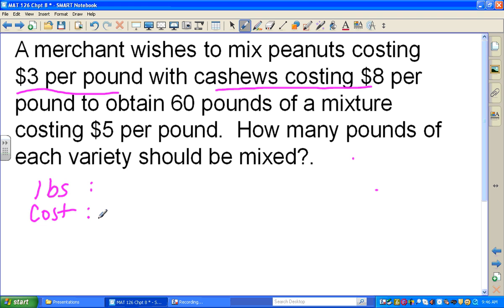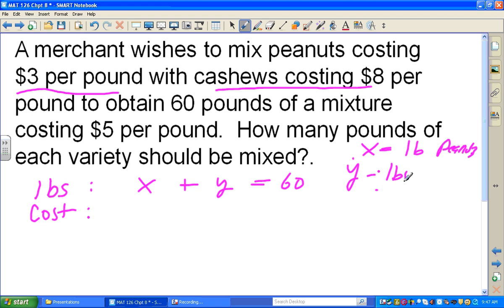What's the pounds going to be? x plus y is equal to 60. Peanuts, cashews, 60 pounds. x is pounds of peanuts, and y is pounds of cashews.